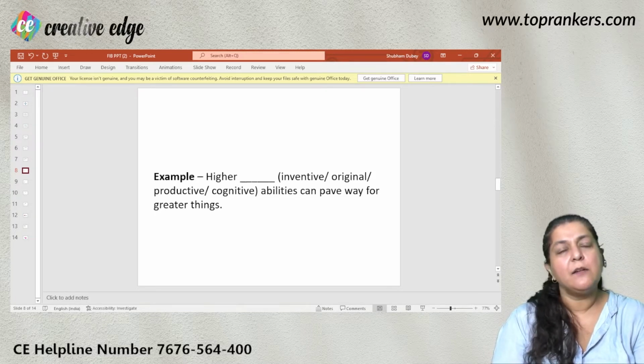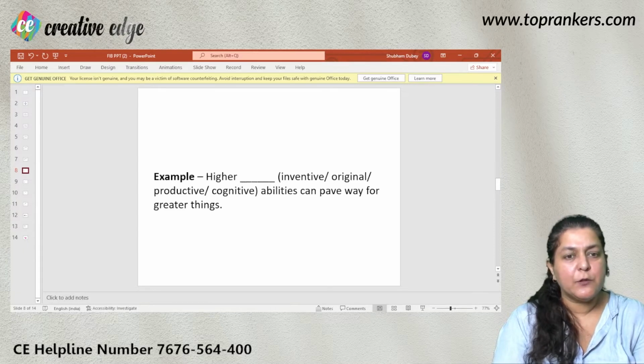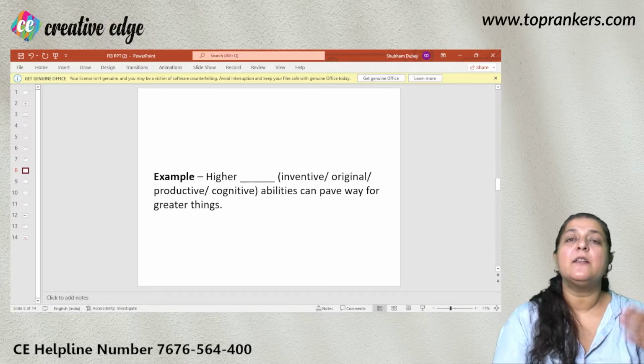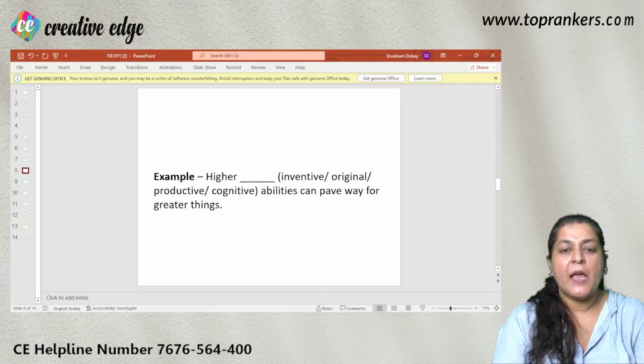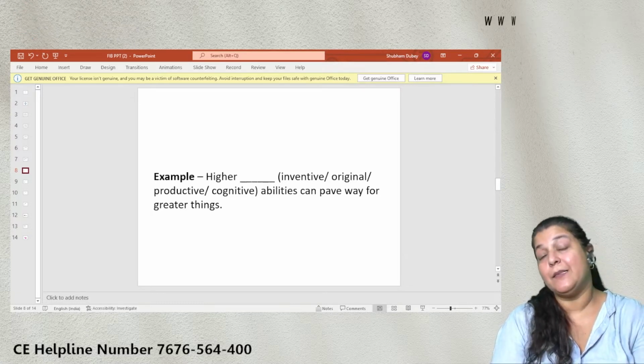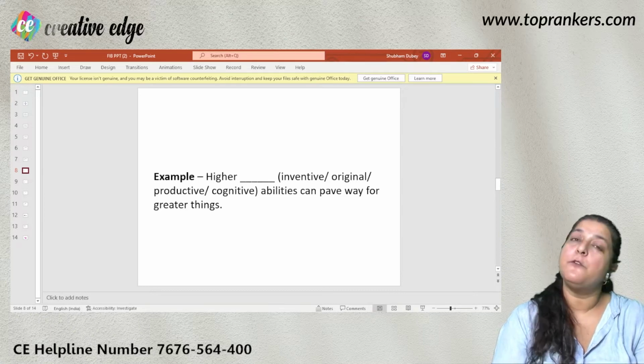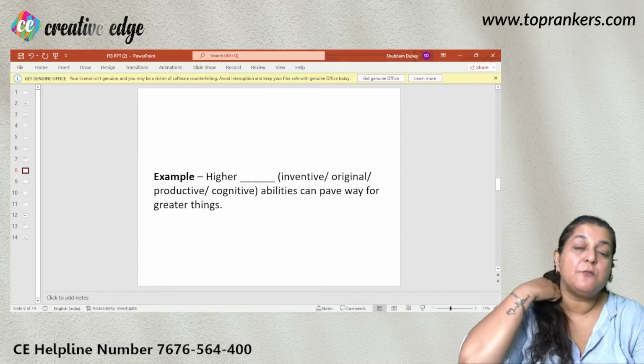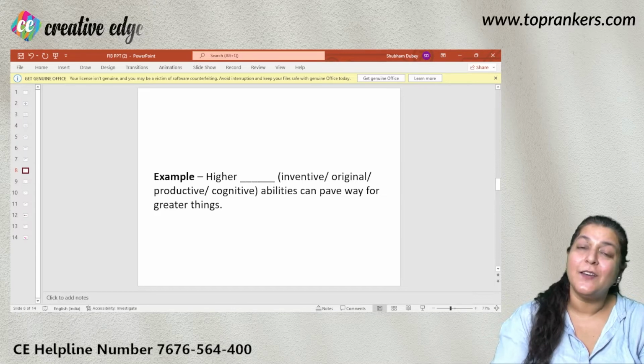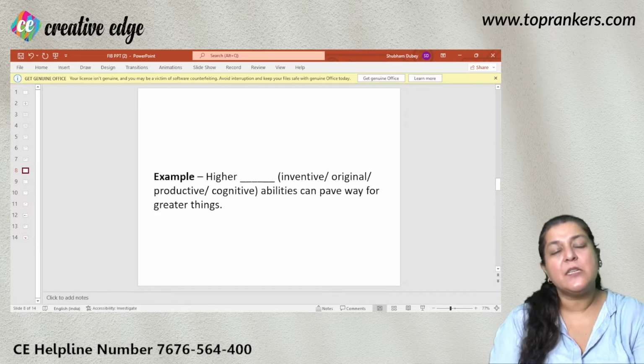Original, a thing that is introduced for the first time. Productive, something that can be multiplied. And cognitive, I think that is not a commonly used word, so this does not fit into our vocab list. And we immediately chuck this out as an option. This is where we subconsciously make a mistake.